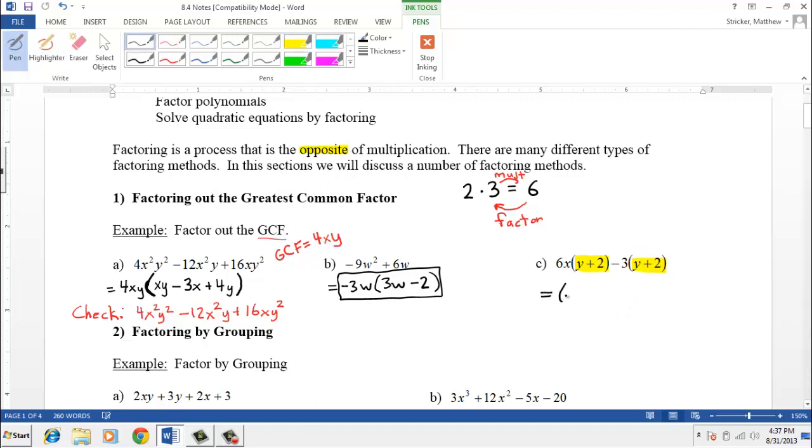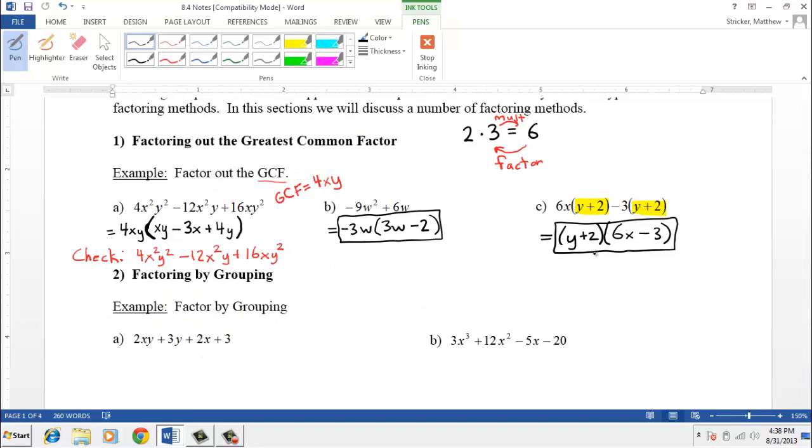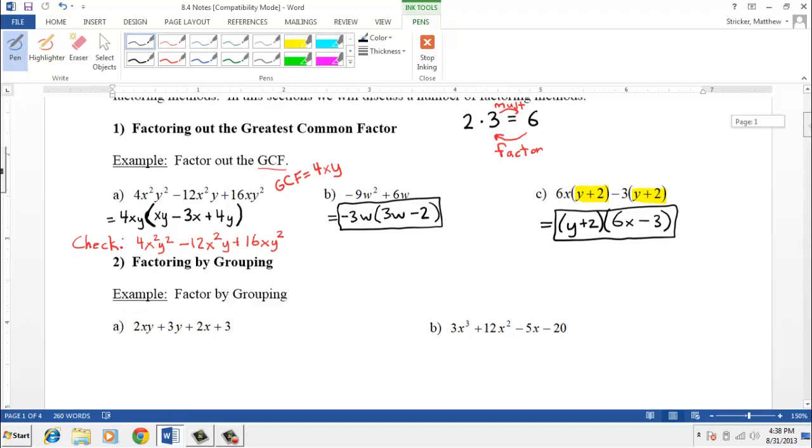So when I factor out the y plus 2, I have a leftover 6x in the first term, and in the second term, I have a leftover negative 3. And so again, we rewrote our quantity as a product, a binomial y plus 2 times a binomial 6x minus 3. So this example will prepare us for our next subsection, and that is factoring by grouping.